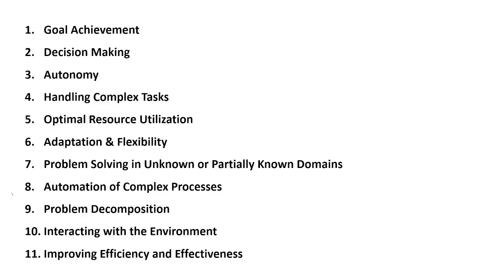The eighth point we have is automation of complex processes. So students, planning systems are commonly used to automate tasks in many areas like logistics, manufacturing and space exploration and all, where human interventions may not always be feasible or efficient.